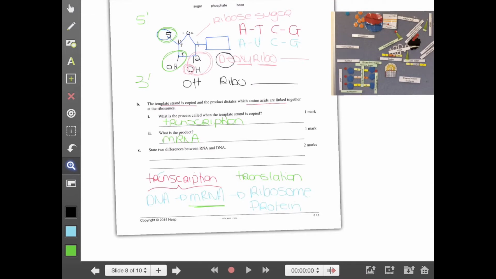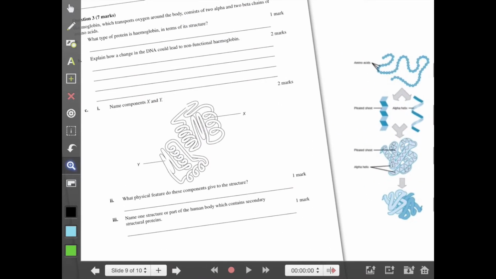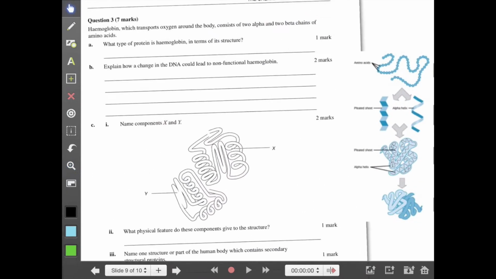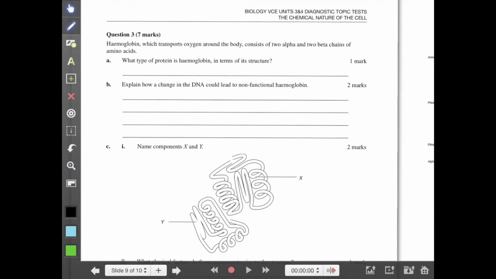Awesome. So I think that's question 2 done. Let's move on to 3. Hemoglobin, which transports oxygen around the body. Remember, before we even read the next question, I was telling you that hemoglobin is an example of a protein that has a quaternary structure.